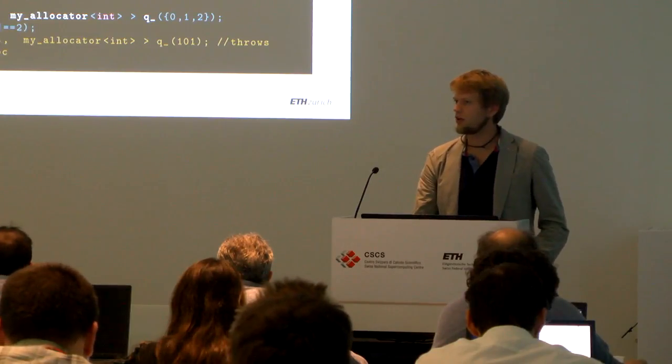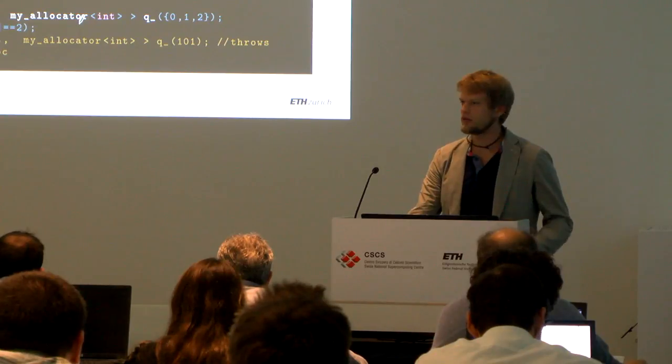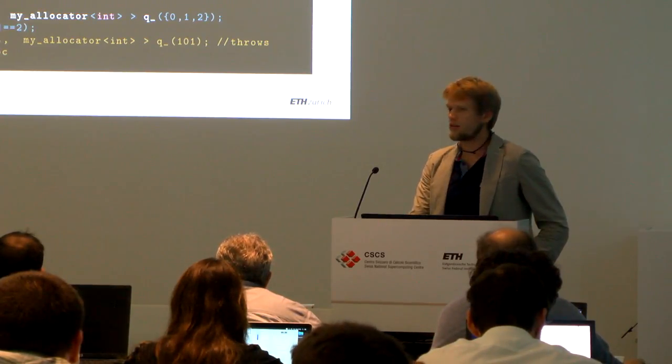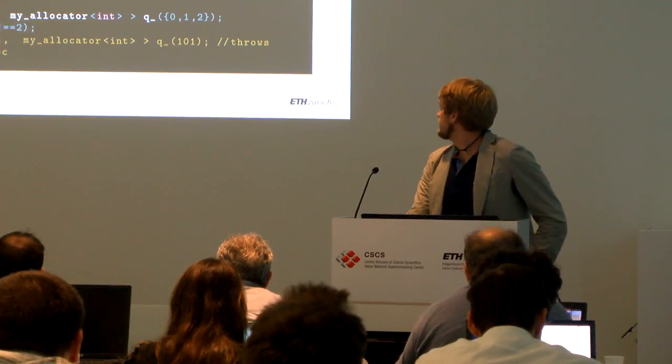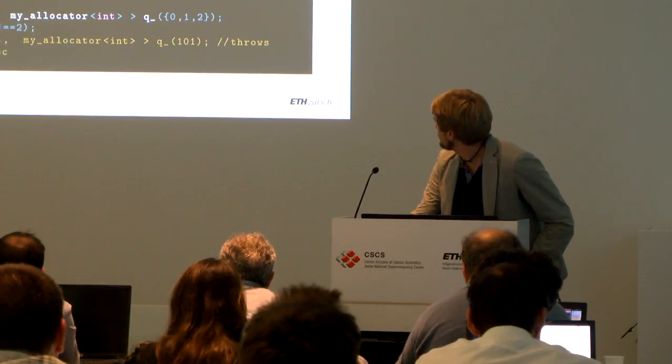If you do this, then you can pass this struct as the allocator template parameter. In this case, the allocate does a malloc, so it allocates on the heap, and the deallocate does a free.